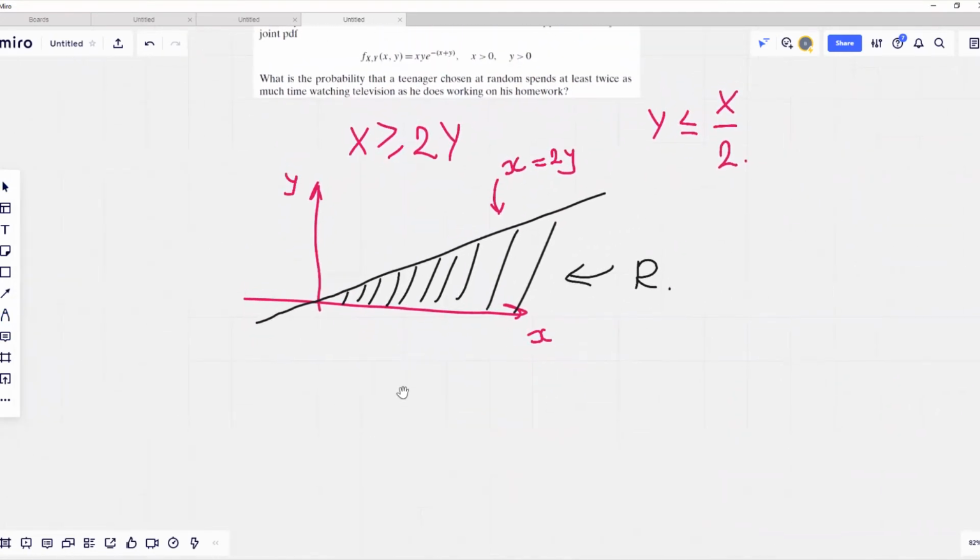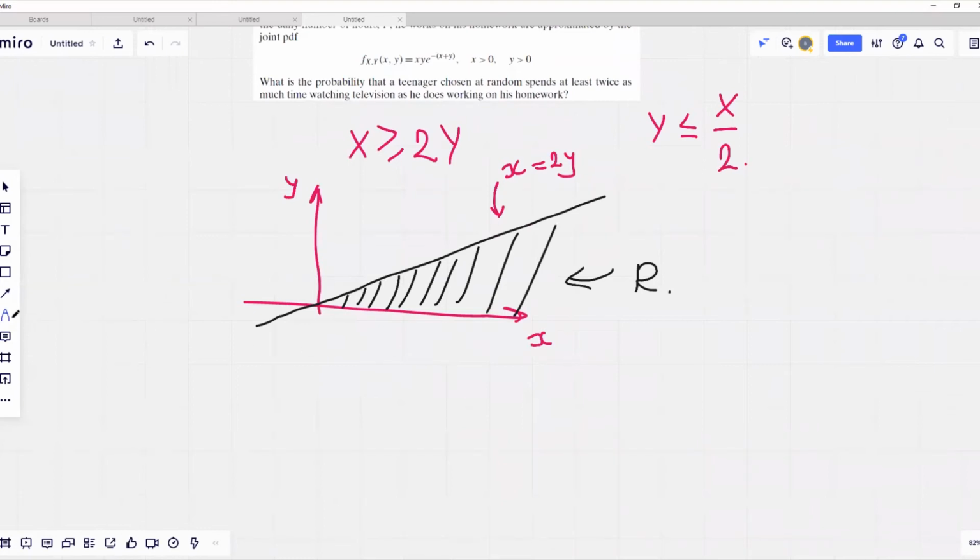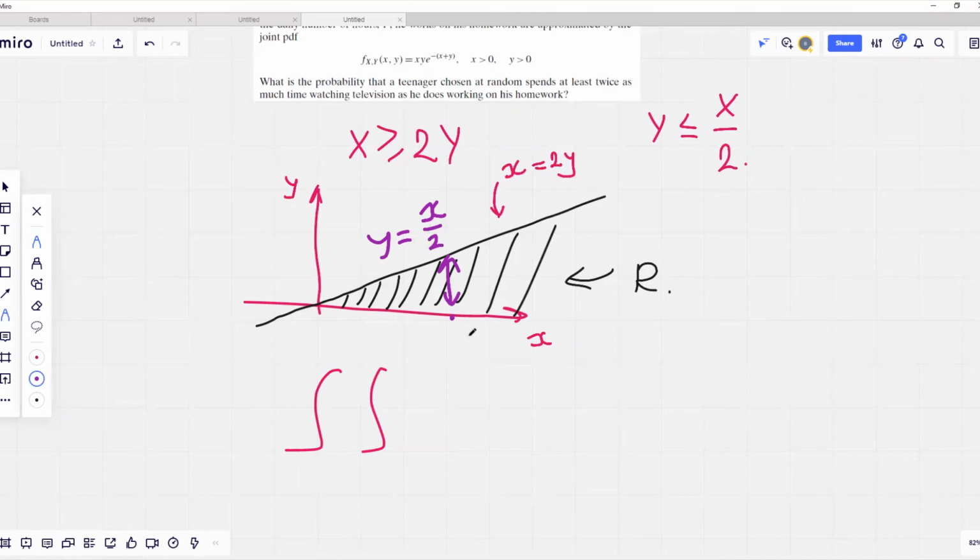Now let's find the volume under our PDF and over that region R. So we look for a double integral, and the values of y will be running from 0 up to this line here, x over 2. So this line is y equals x over 2, so this is from 0 to x over 2.